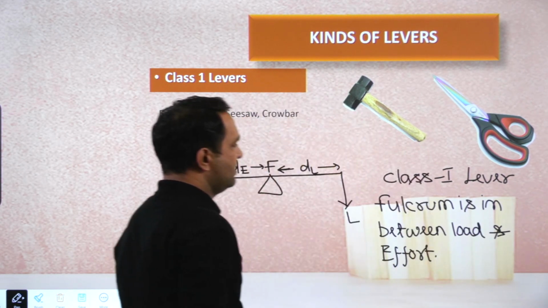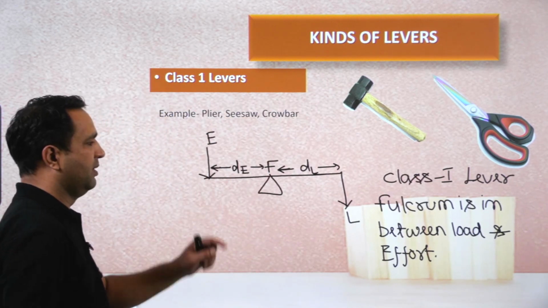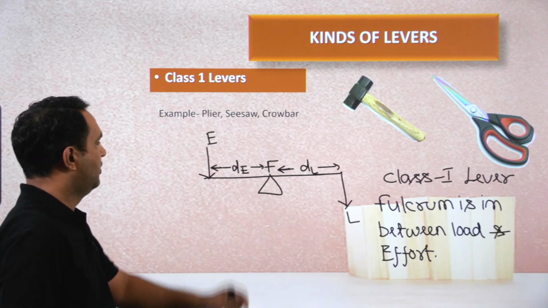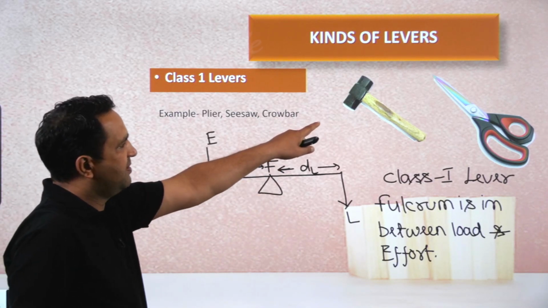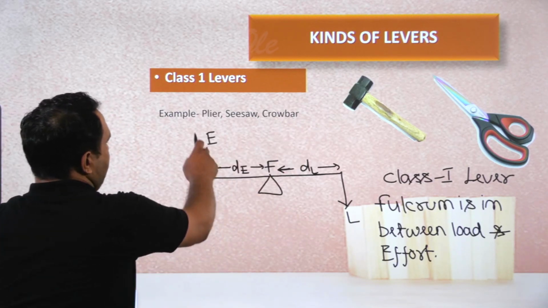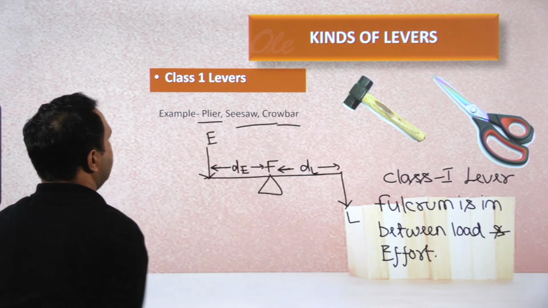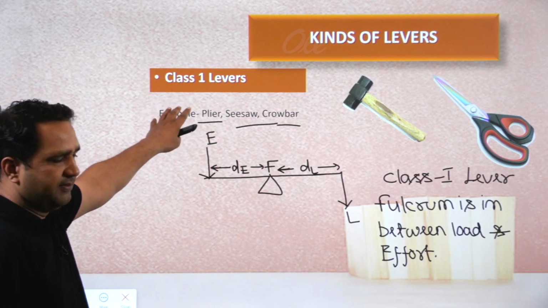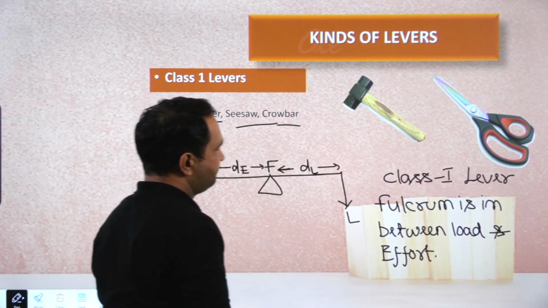This is the condition for a class 1 lever: the fulcrum will be between load and effort. So here are some examples. Pliers, seesaw, crowbar, these are the examples of class 1 lever.